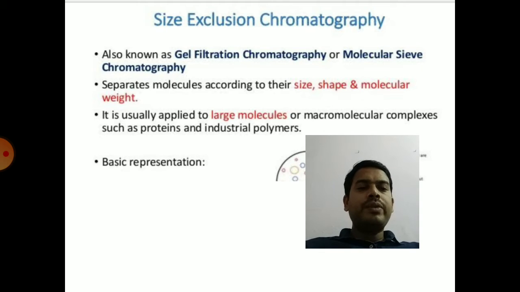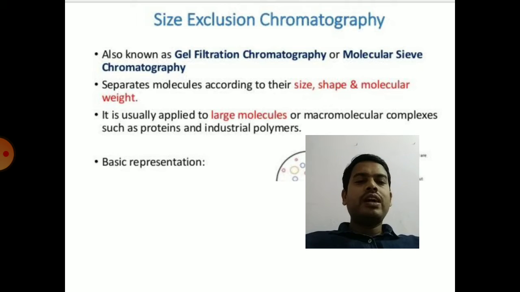If you subject this fibrous protein and globular protein to molecular exclusion chromatography, the first one that is eluted from the column will be your globular protein, because the globular protein will interact less with the stationary phase and more with the mobile phase, so it will be eluted. Whereas the shape of the fibrous protein is long and elongated, so it will take some time for the fibrous protein to come out of the column.